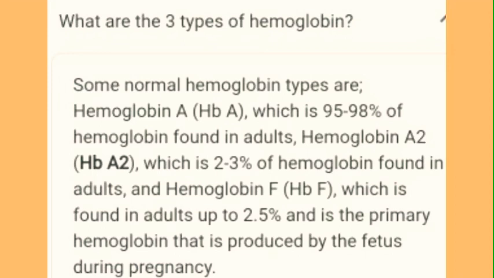Some normal hemoglobin types are hemoglobin A, that is HbA, which is 95 to 98% of hemoglobin found in adults; hemoglobin A2, that is HbA2, which is 2 to 3% of hemoglobin found in adults; and hemoglobin F, that is HbF, which is found in adults up to 2.5% and is the primary hemoglobin produced by the fetus during pregnancy.